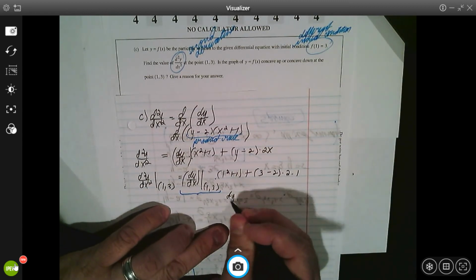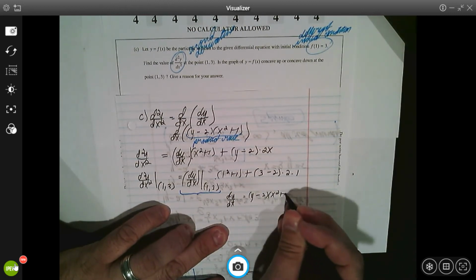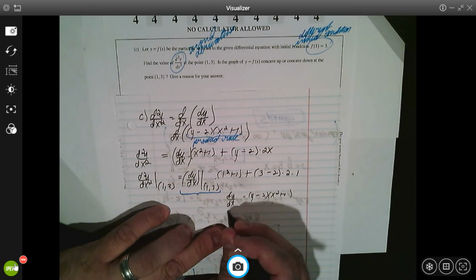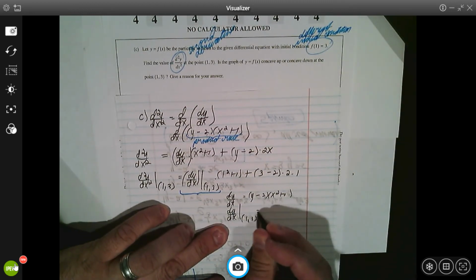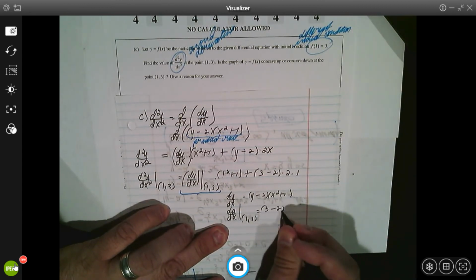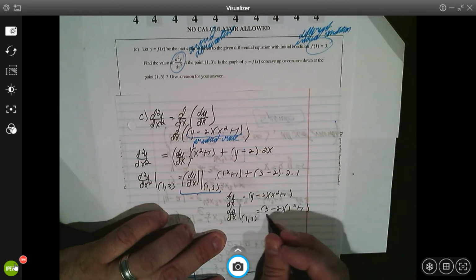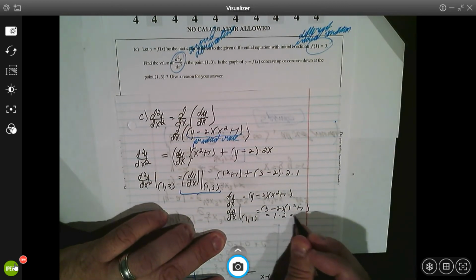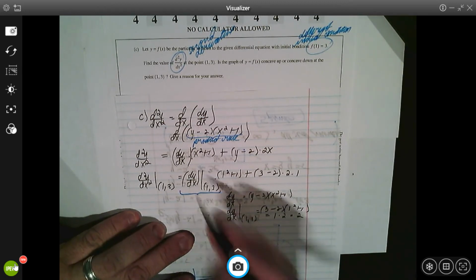Well, remember dy dx is y minus 2 times x squared plus 1. So dy dx at 1 comma 3 is 3 minus 2 times 1 squared plus 1. That's 1 times 2, that's 2. So I can go back over here, right?